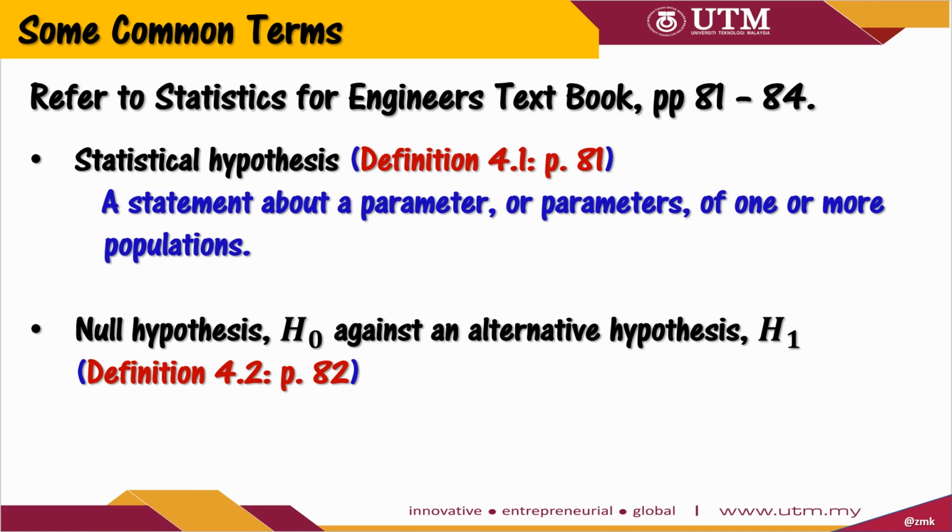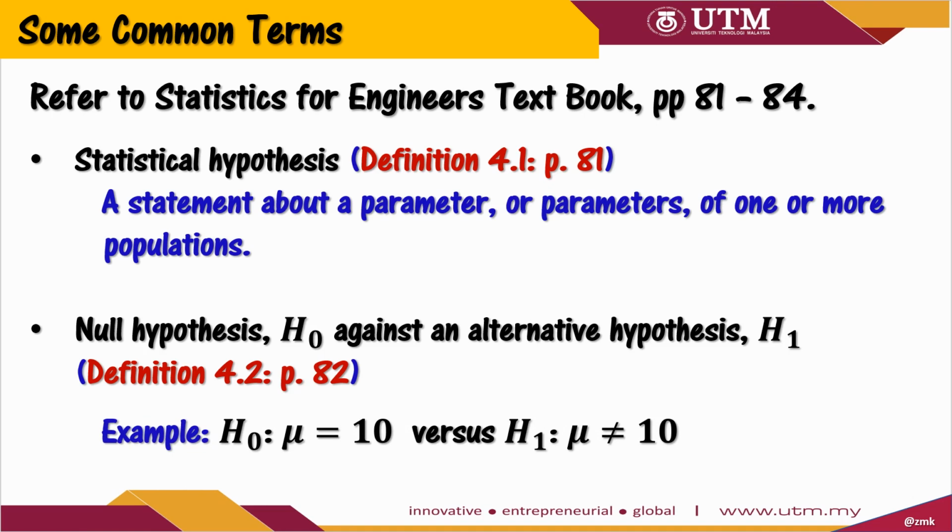For example, suppose under H0, we claim that mu, a population mean, is equal to 10. A possible H1 will be mu is different from 10, or mu is not equal to 10. Here, any values different from 10 are not covered under H0 but under H1.